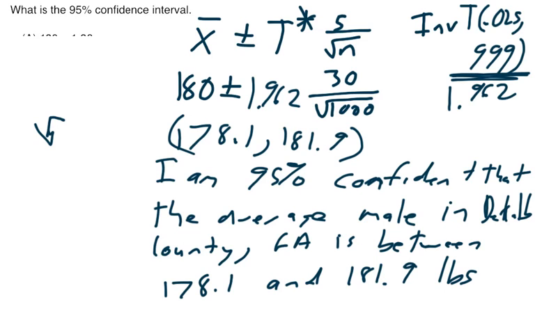And that's an example of a T confidence interval. And we use T because we did not know the standard deviation, and we use the sample standard deviation.